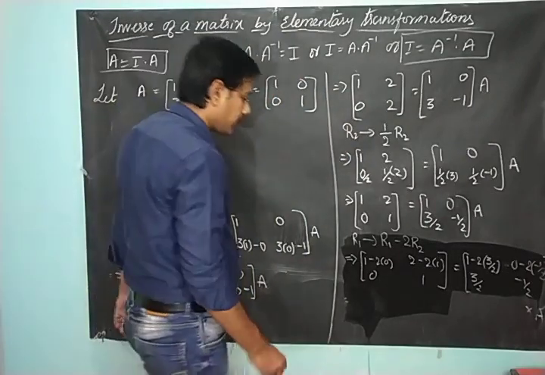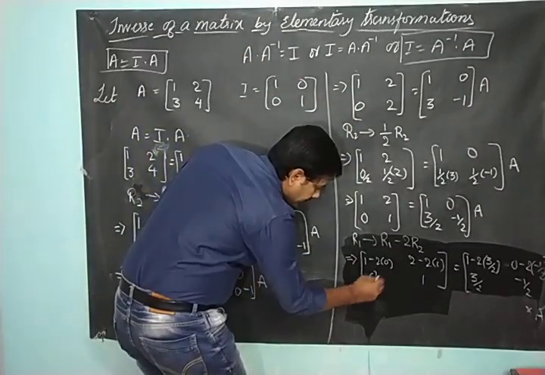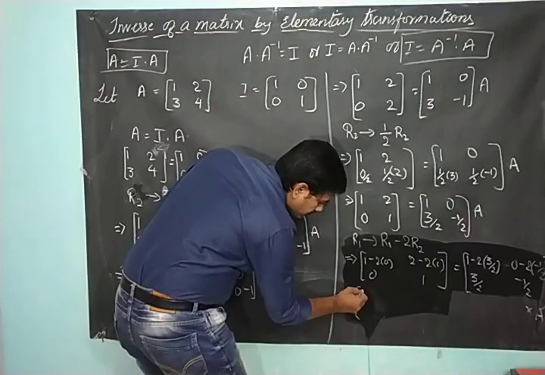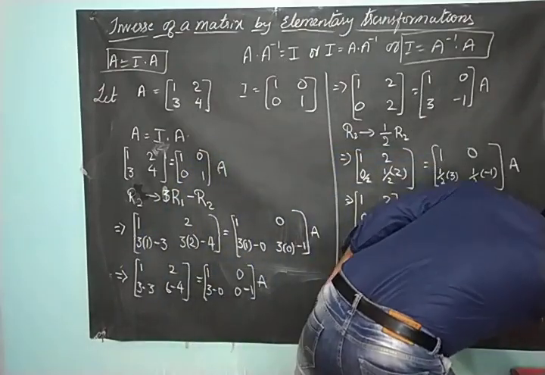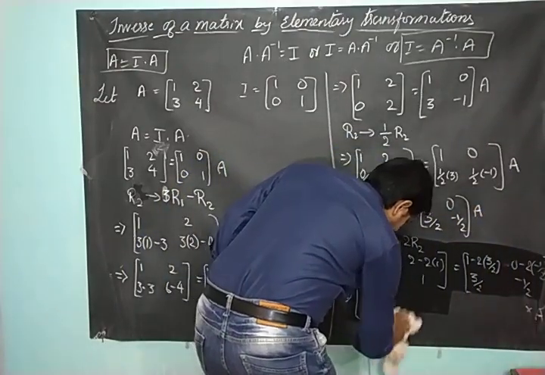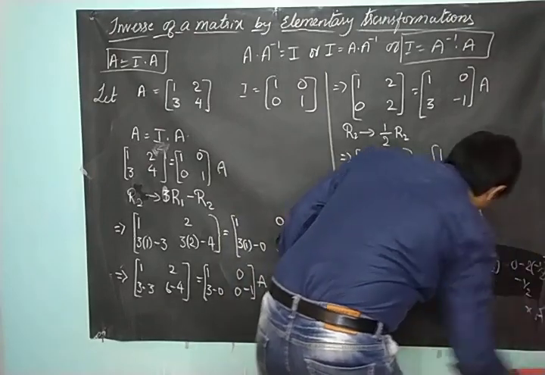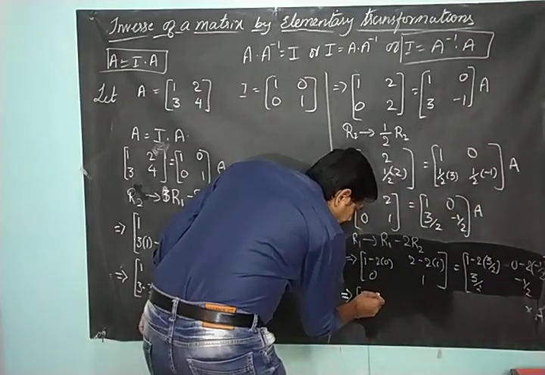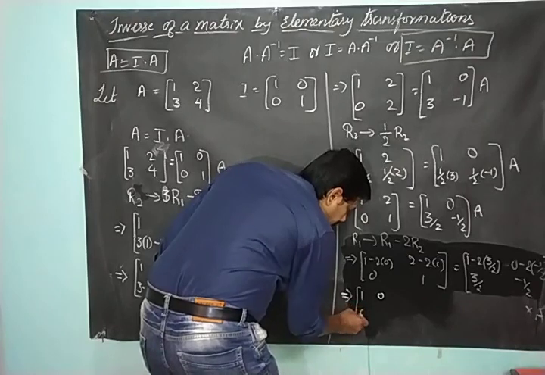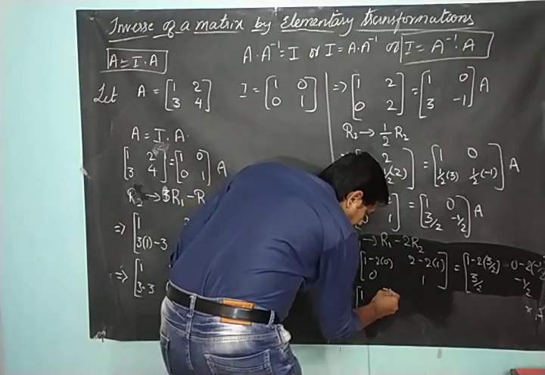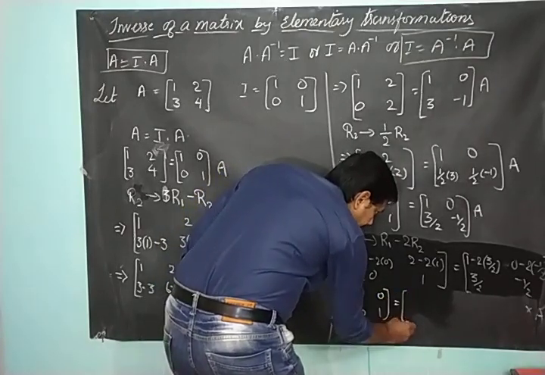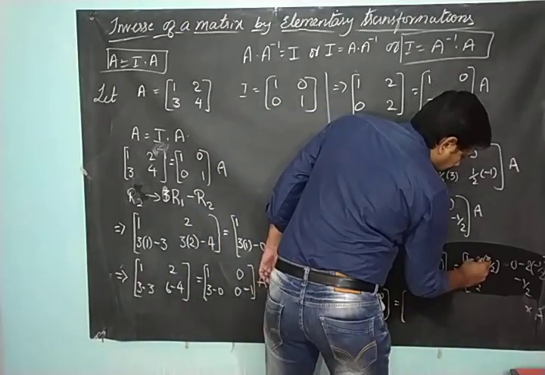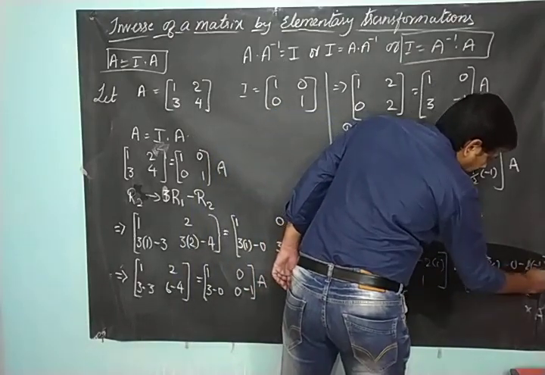Okay, so now what happens here? 1 minus 2 into 0 is 1. Two minus 2 is 0. This is 0. 1. Here 2 and 2 cancels, 2 and 2 cancels.